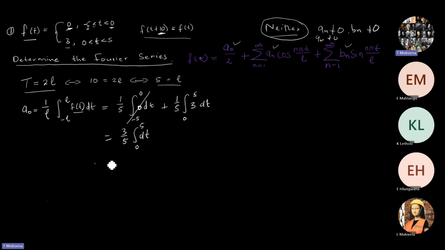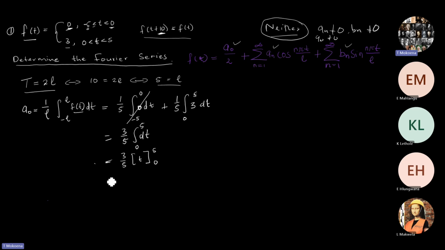Now, what is the integral of this 1 dt, meaning we're going to have to bring back t, right? So here we're going to have 3/5, and then we're going to bring back t. And therefore, we put our square bracket over there. And then our upper bound is 5, and our lower bound here is going to be 0.